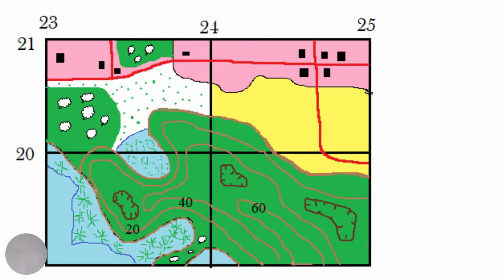All right, and that area we can see in the bottom part of 2320 and the top part of 2319. All right, we are seeing a little pocket of swamp.